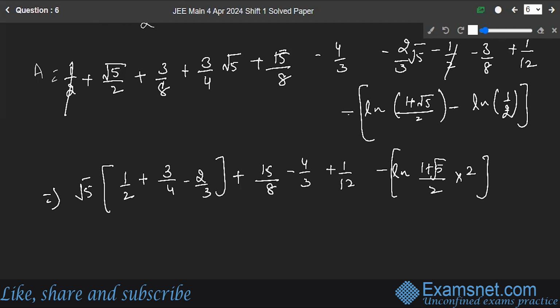So division by 1 by 2 will give me multiplication by 2. And on solving, this will be equal to root 5. Here the LCM will be 12, and it will give me 12.